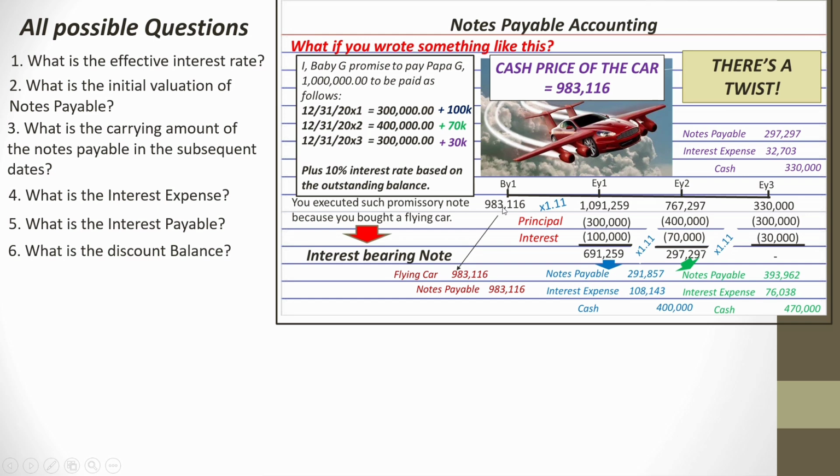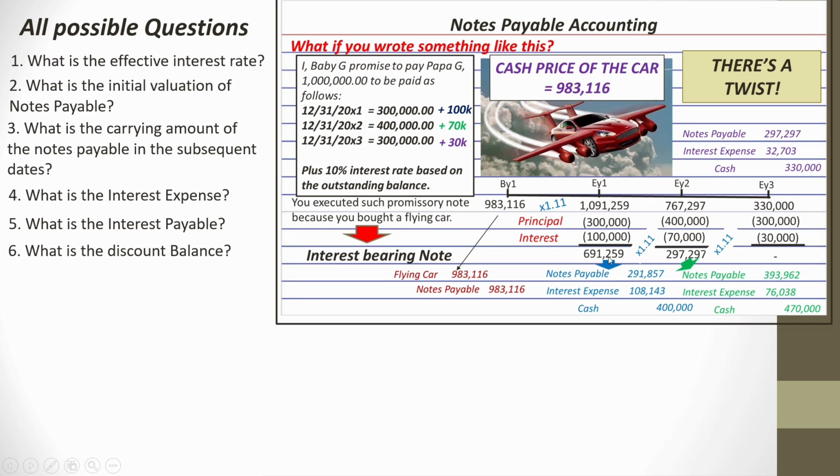It's easy, right? Now, at the end of year 1, the undiscounted principal balance will now become 1 million minus 300,000. So, we are going to get an outstanding balance of only 700,000. So, that 700,000, you need to compare that with the carrying amount at the end of year 1. And you need to get the difference, and that's already the discount balance at the end of year 1.